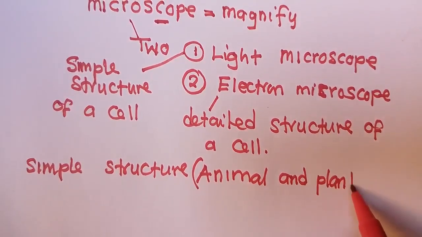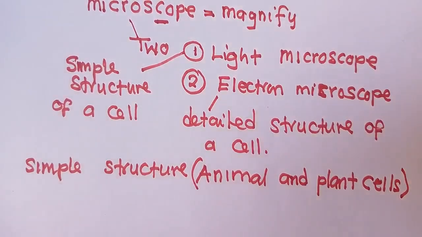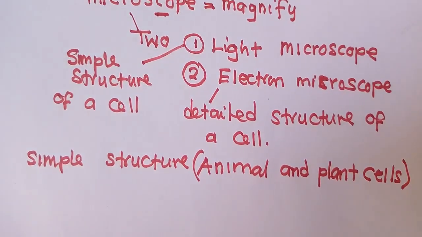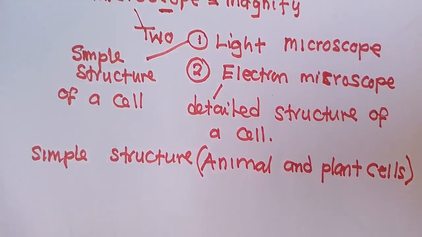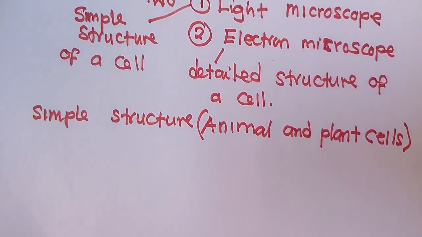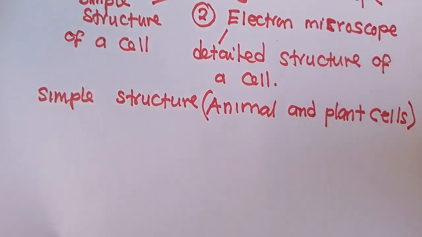This is what we are going to look at. So how is an animal cell when it is viewed using a light microscope?